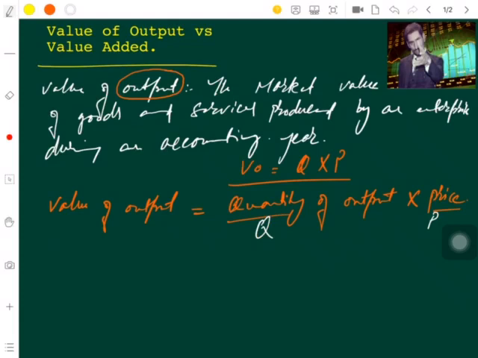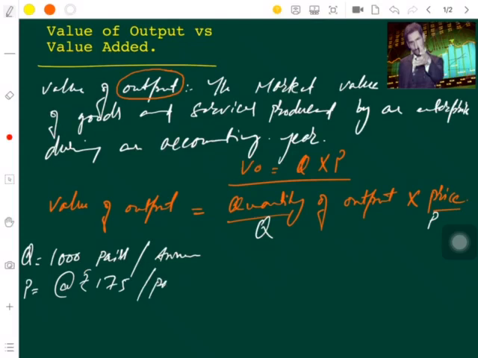Suppose there is a shoemaking enterprise. The enterprise produces 1,000 pairs of shoes per annum, and they sell them. That is our quantity, and they sell them at a price. Let us say they sell them at 175 rupees per pair.